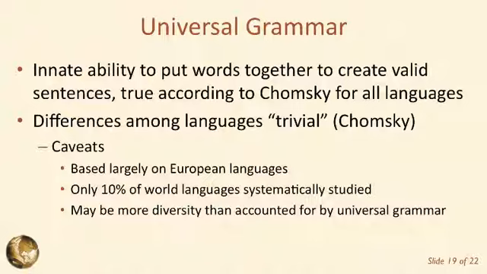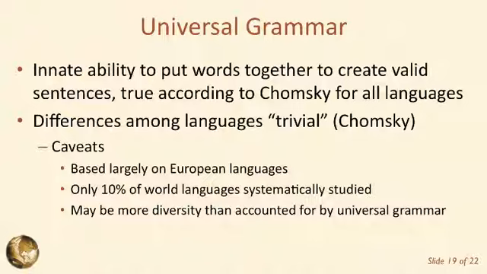In fact, Chomsky went so far as to say, well, all I would need to derive the rules of universal grammar is one language. Today, there are linguists who have questioned the validity of universal grammar, and there are a couple of reasons for that. One is that the idea behind universal grammar is really based on studying a limited number of languages.